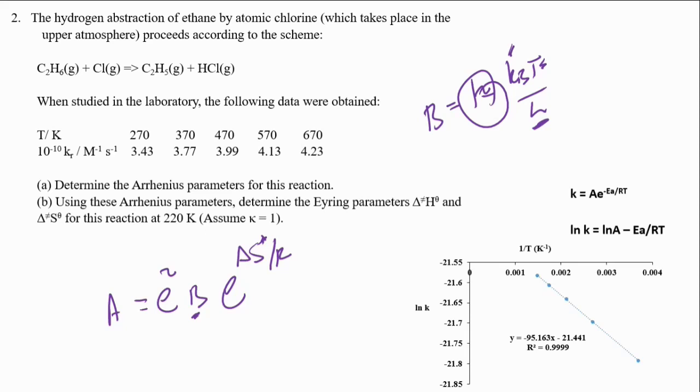Okay, so we can calculate delta S then. Delta S should not be so difficult to calculate, right? Because we know what A is. The exponential function, well, that's on our calculator. We just need to square that. B here is what it represents, and we know everything in this equation, right? We know everything up there. We know R. The only unknown is the activation entropy.